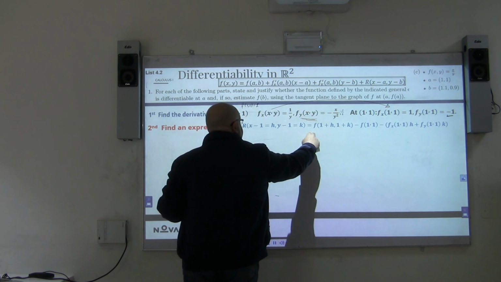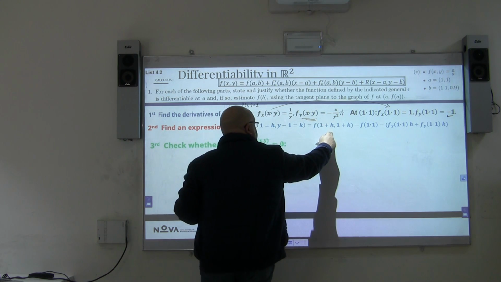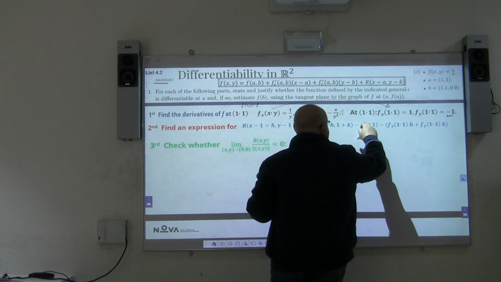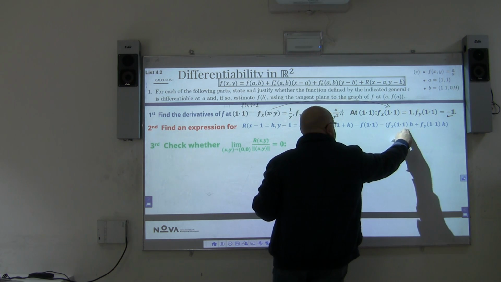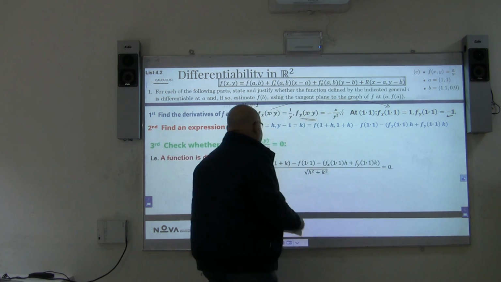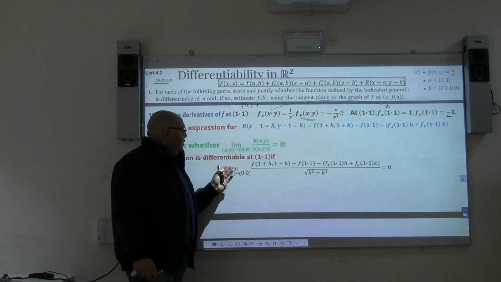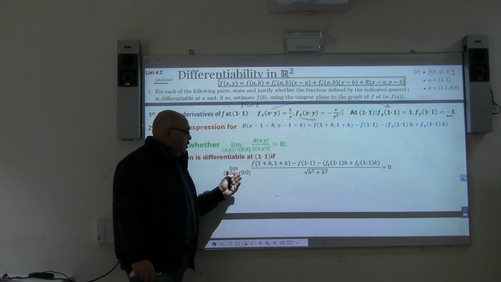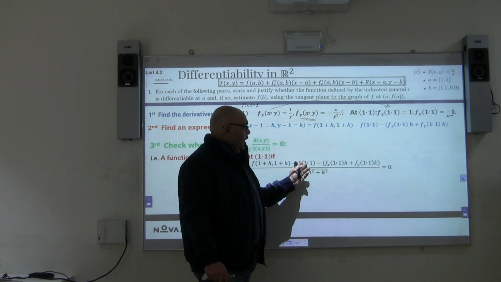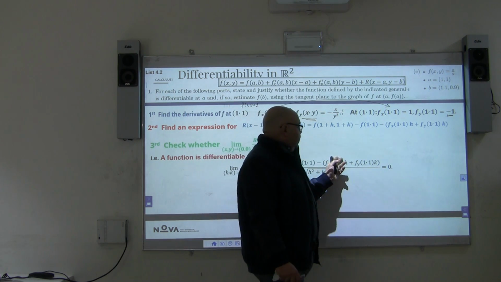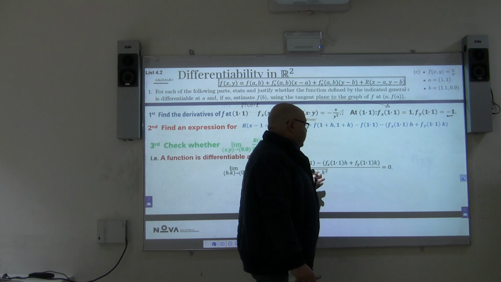After finding the value of f, f is equal to 1, as I told you. For the first derivative, it's 1 times h, and the other one is times k. This is the limit that I'm using: limit as (h, k) tends to the origin of f of 1 plus h, 1 plus k, minus f of (1, 1), minus the first derivative times h, minus the first derivative times k, all divided by the square root of h squared plus k squared.